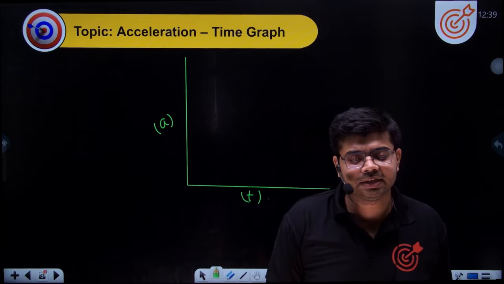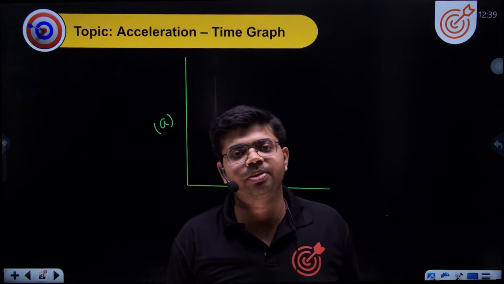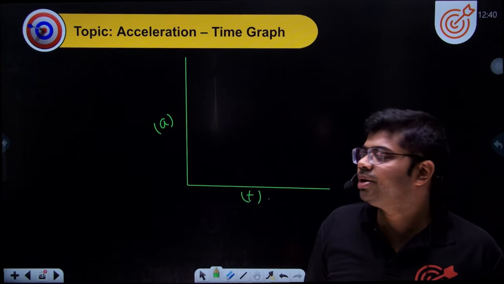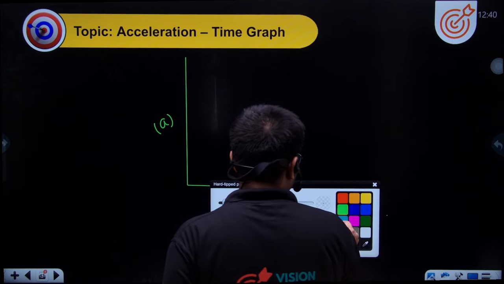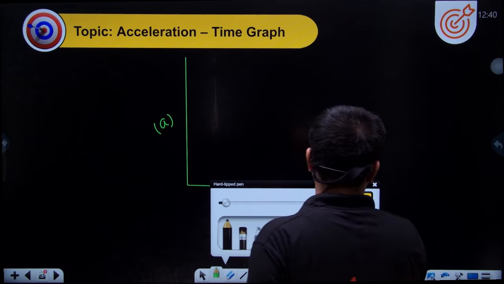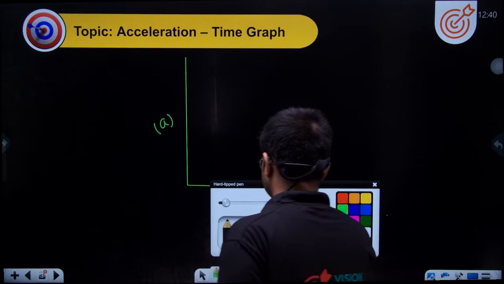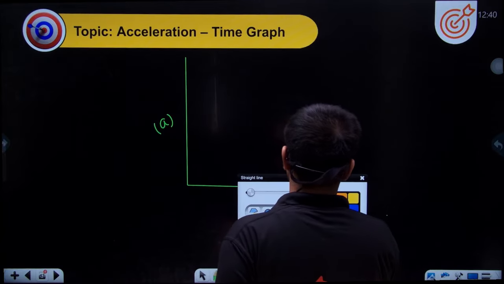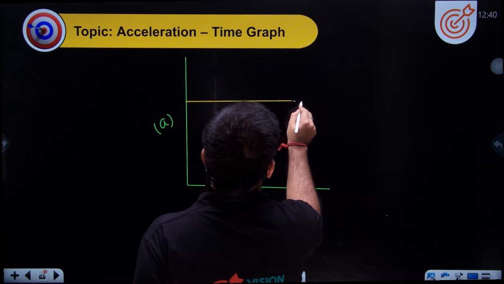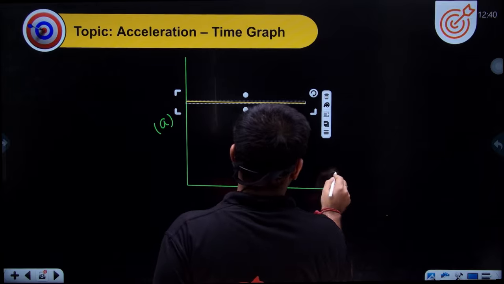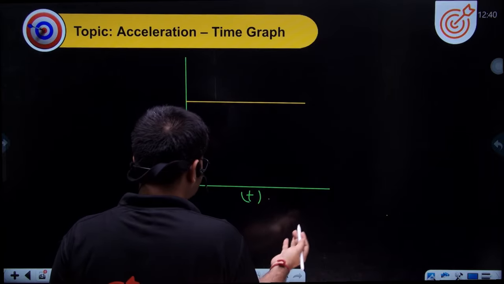The value of acceleration we take 9.8 meter per second square, or sometimes 10 meter per second square. So the acceleration is basically constant there. So the kind of graph that we can expect is a constant acceleration. With respect to time, acceleration is not changing.